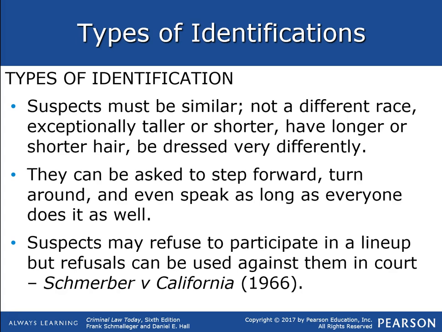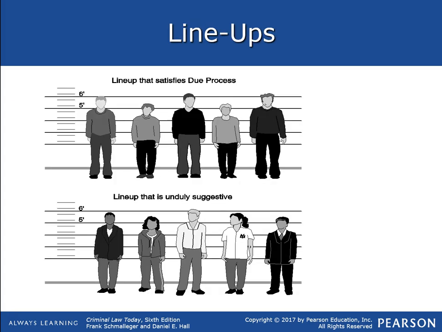So if the words were, "Give me the money," with some expletive after that, you can have everyone say that phrase. Suspects can refuse to participate in this lineup, but refusals can be used against them in court. And there's a case on that in 1966. It's Schmerber versus California.